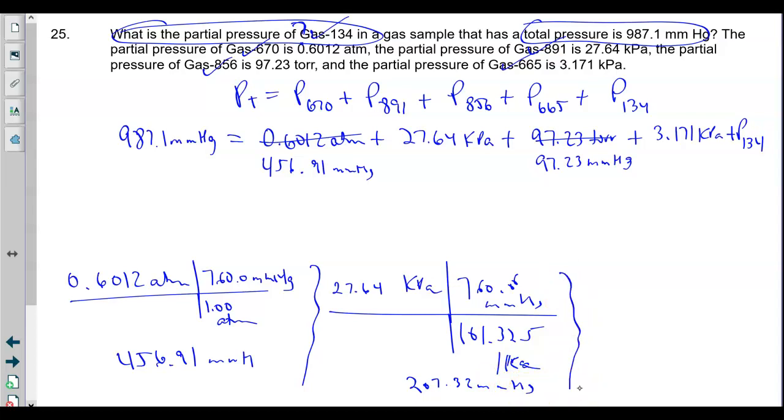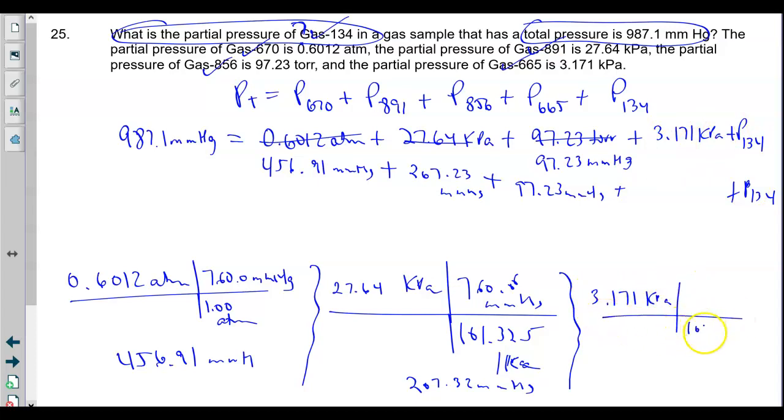We've been doing this throughout this whole unit. So that's going to make this 207.32 mmHg plus 97.23 mmHg plus, I need to convert this last kPa number, so 3.171 kPa.